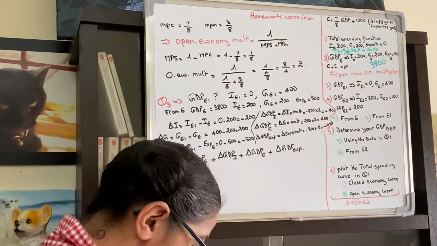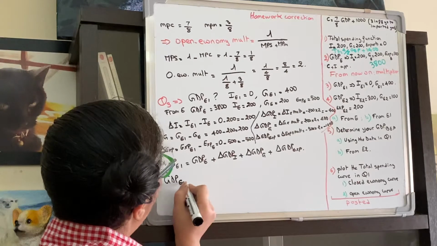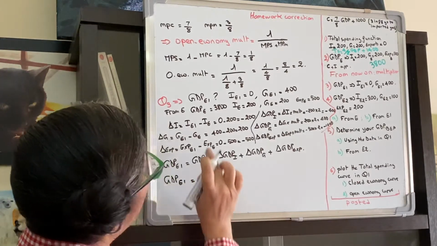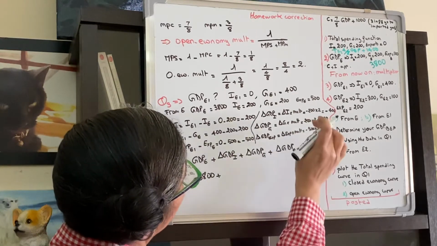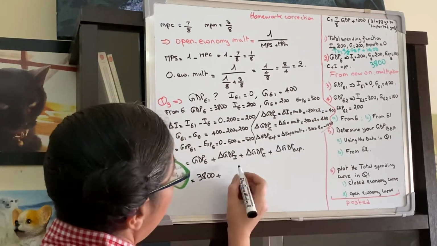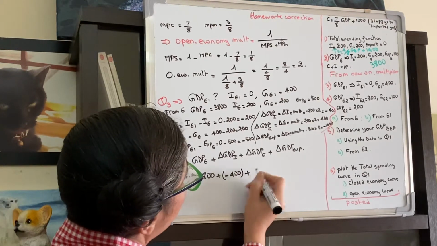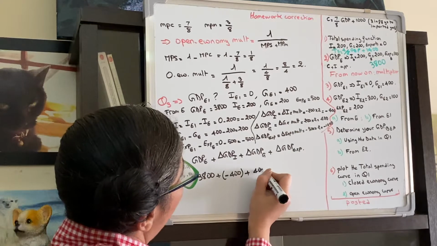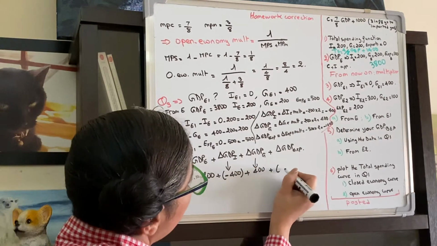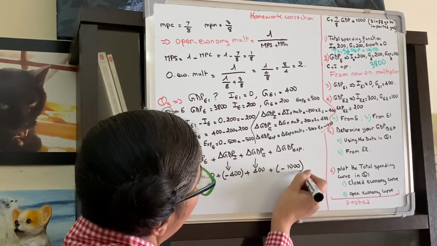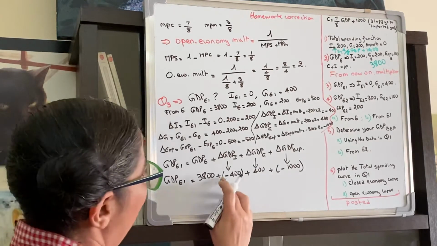So let's start. GDP is equal to GDP at E, 3,800, plus negative 400, plus positive 400 for this one, plus negative 1,000 for this one. Okay? Now simple calculation.